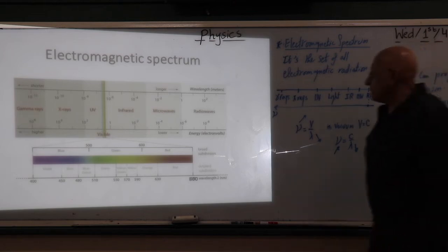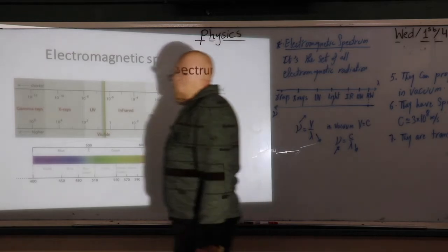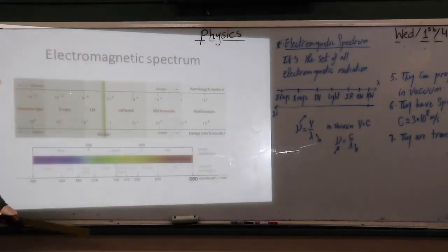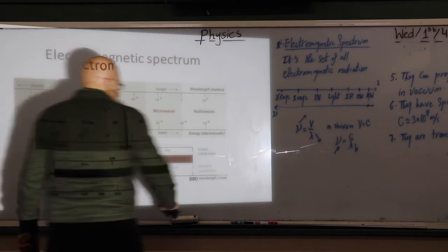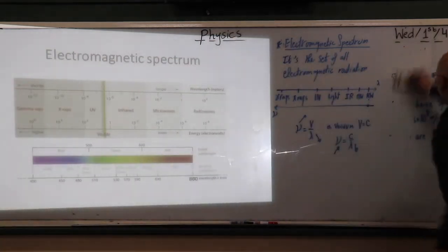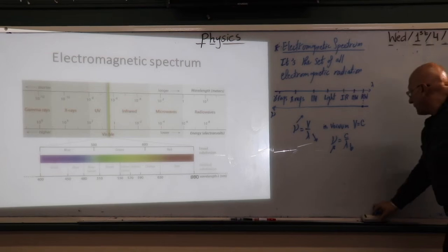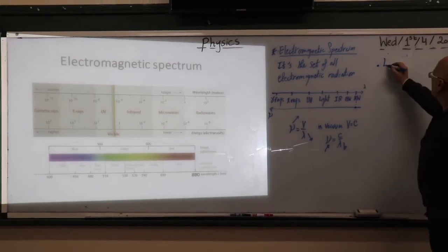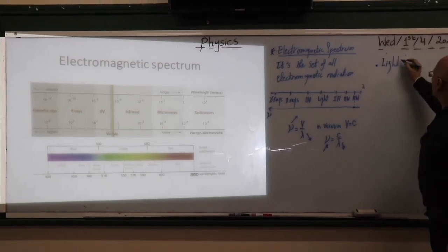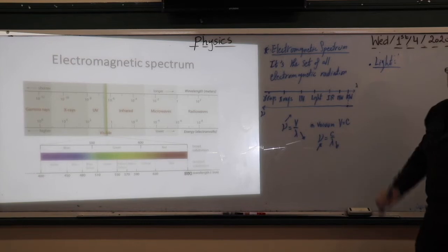Now, what is the most important electromagnetic wave? We said light is the most important. Because of this, I am going to talk about light. How do we define light?